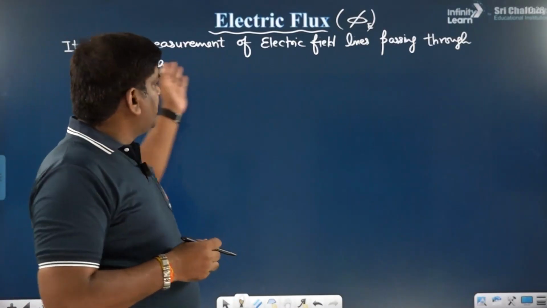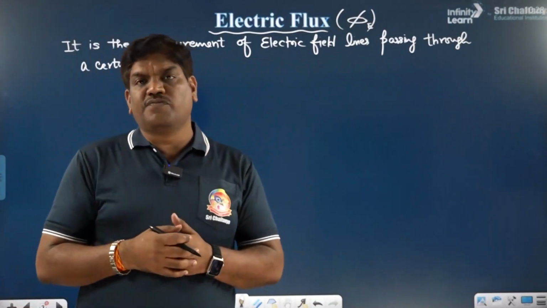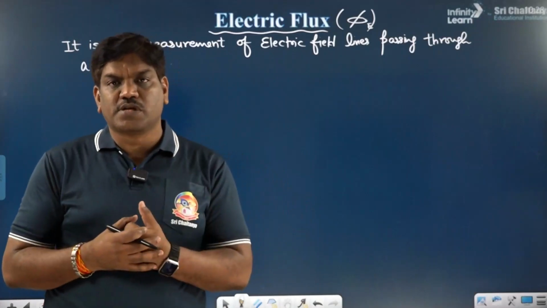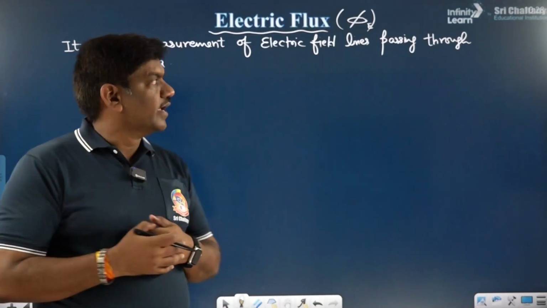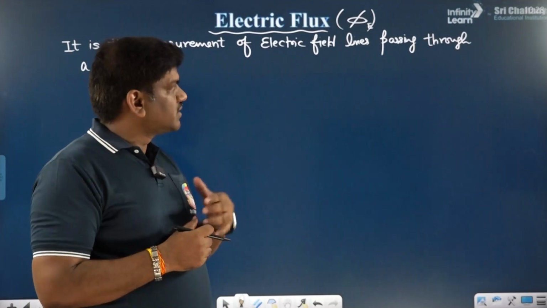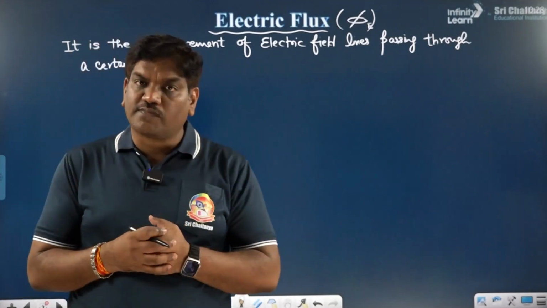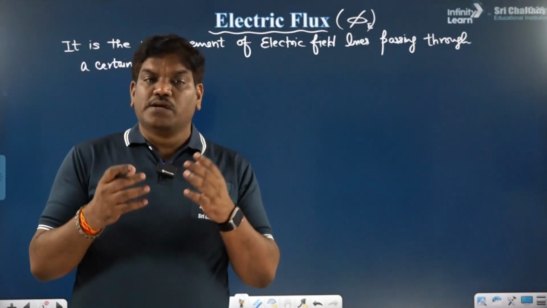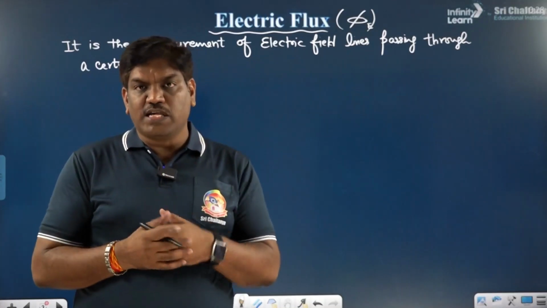Similarly, we need to measure how many field lines are passing through a certain area. So we use the term electric flux, and electric flux is basically the measurement of those field lines which pass through a certain area, right?